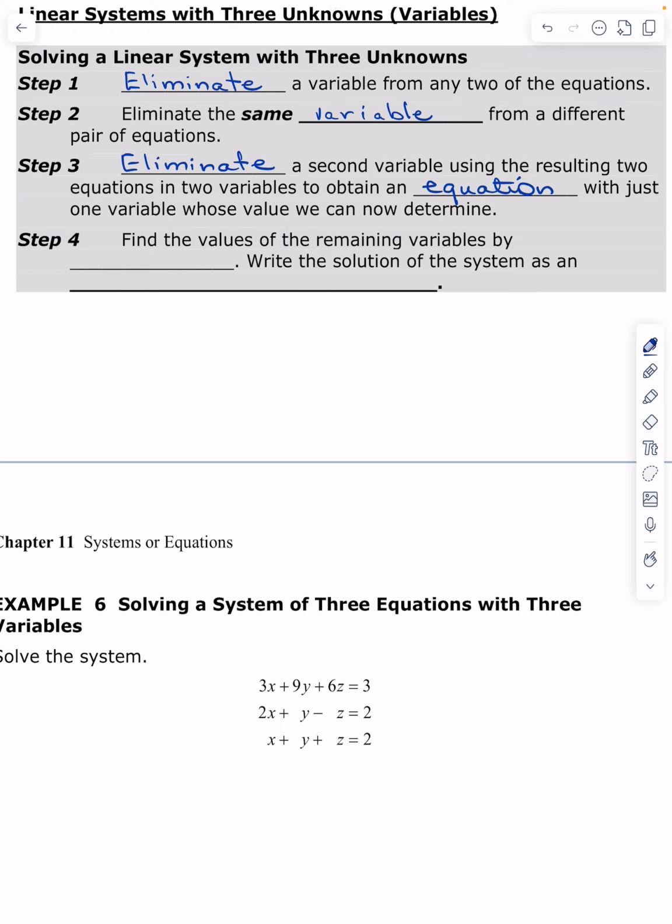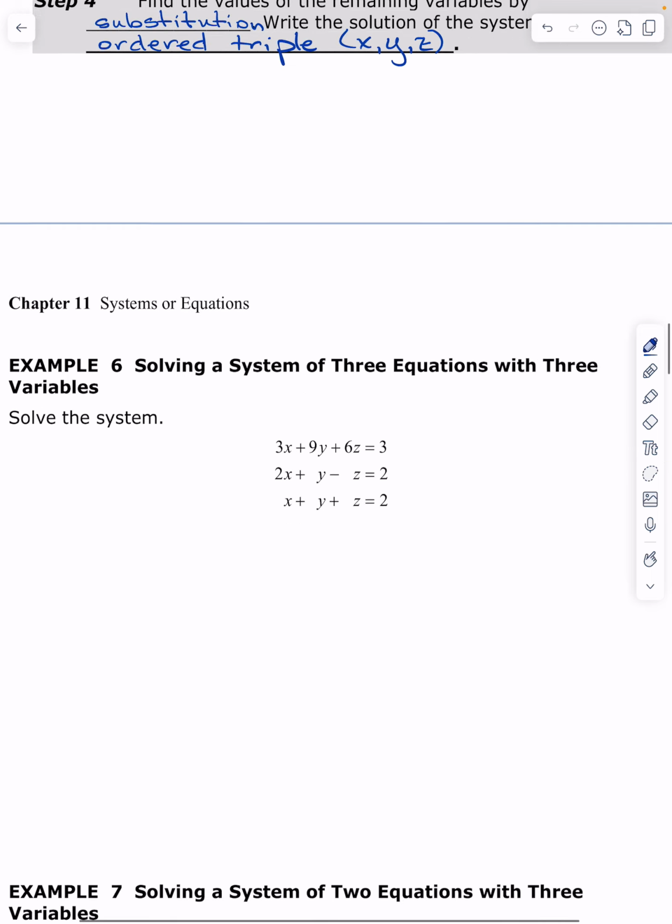We're going to solve for that 1 variable and find the values of the remaining variables by substitution. We're going to write the solution of the system as an ordered triple, so x, y, z. Let's take a look at how this works.